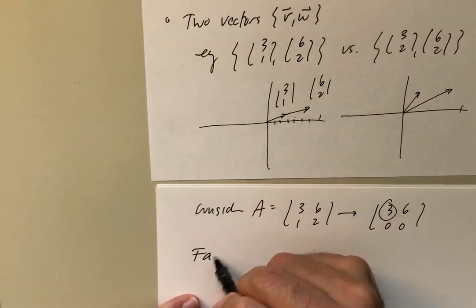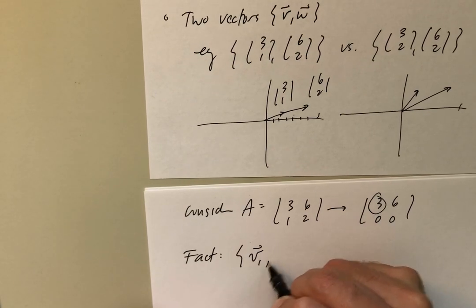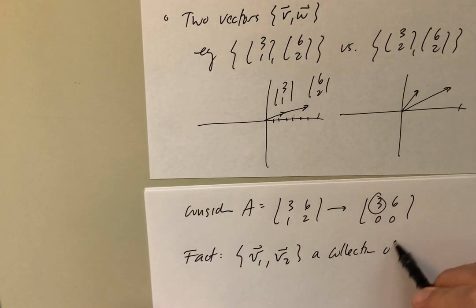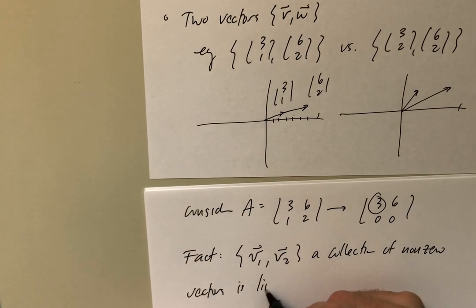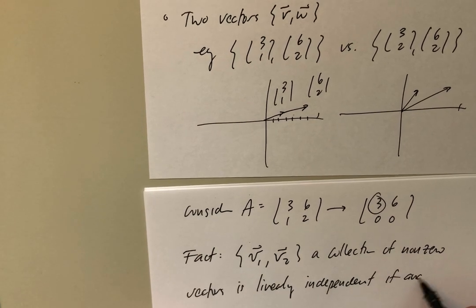The fact here, which I'll write down and we can discuss more in our meeting, is that a collection of two non-zero vectors, let's say v1 and v2, is linearly independent if and only if one is not a multiple of the other.